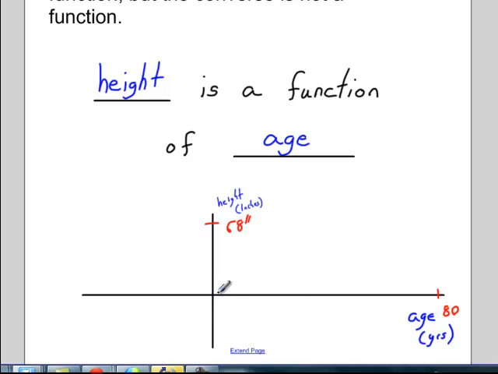Now if you start off, well, you didn't start at 0 inches. You came out and you were some height. And as you grew, you went through your teenage years and you spurted up. Then you stopped growing at a certain age. You kind of plateaued for a while.